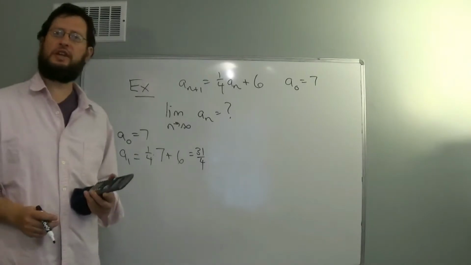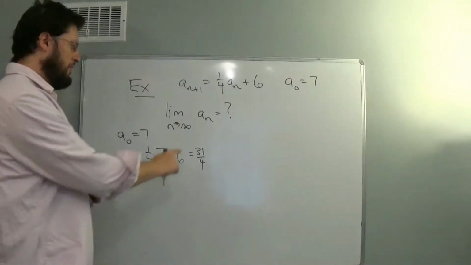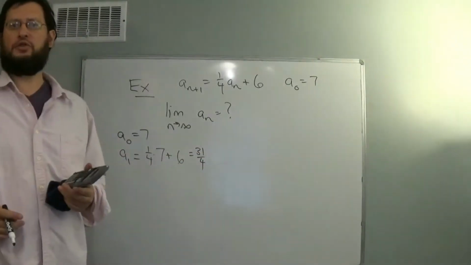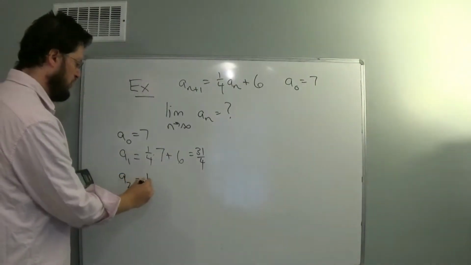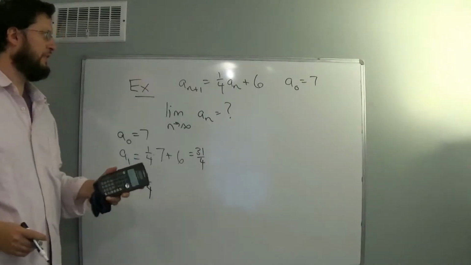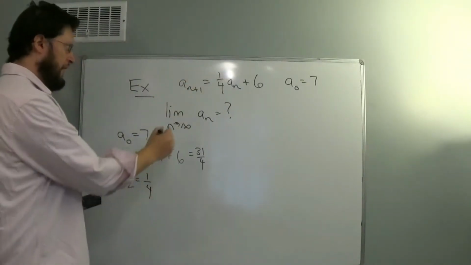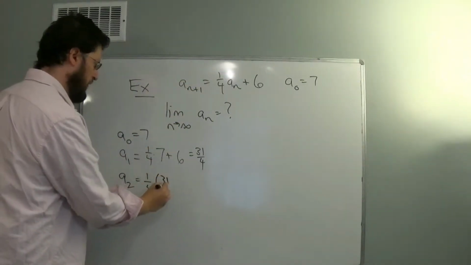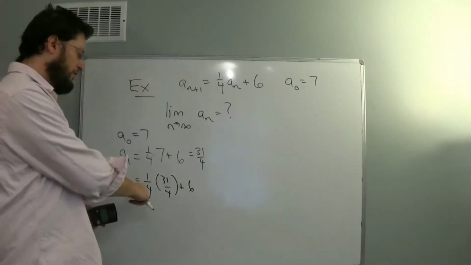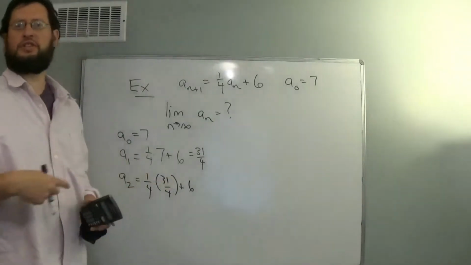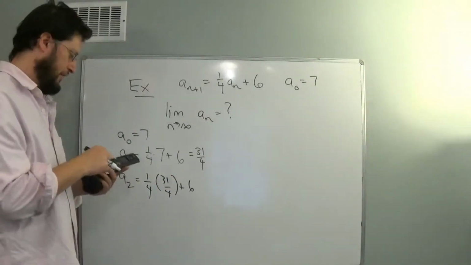Now, if you put this into your calculator correctly, we can start making these next values without very much work at all by saying that A2 is 1/4 of the previous answer, right? So this is a_n, so that will be 31/4 plus 6. So I can just put in my calculator 1/4 times the answer that it just calculated, and then plus 6.